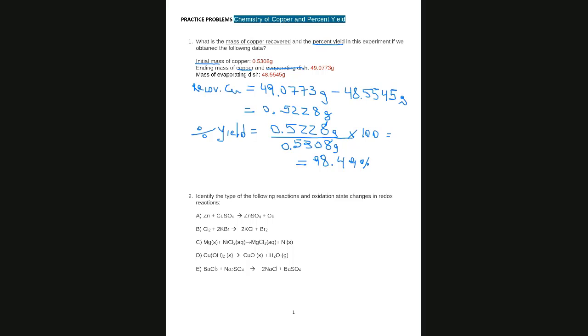Let's look at A. Pay attention to A and tell me what type of reaction is that one. Yes. But we call it what kind of single replacement?